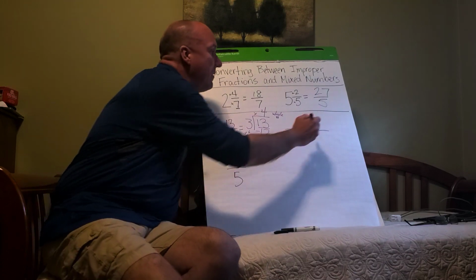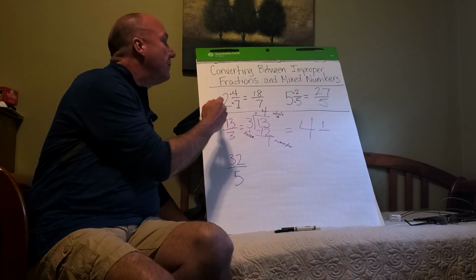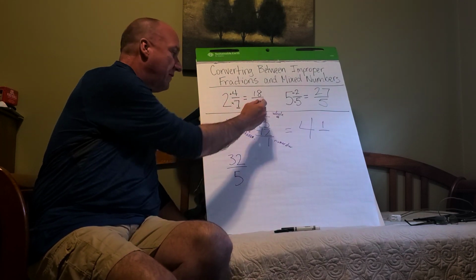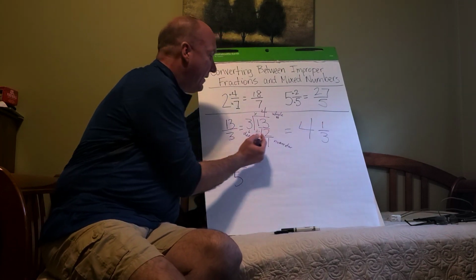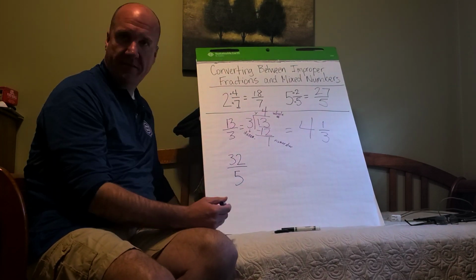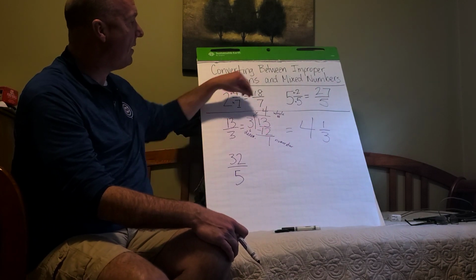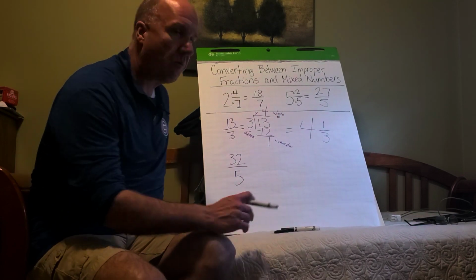In this case, my remainder was 1. And then, much like up here, the denominator will always stay the same. So here was 7 to 7. Here my denominator was 3, so my denominator will be 3 again. And that comes from our divisor. Okay, so 13/3, we get 4 with the remainder of 1. Whole number, numerator, denominator. And we'll do it that way every time.